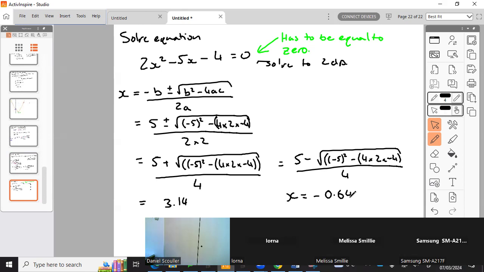Make sure you can put it in your calculator and it works.